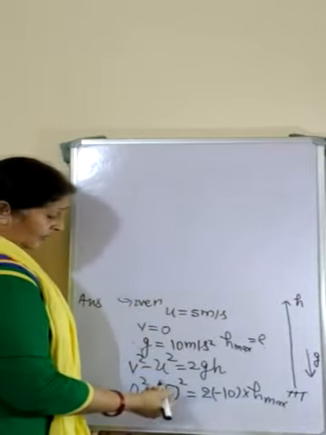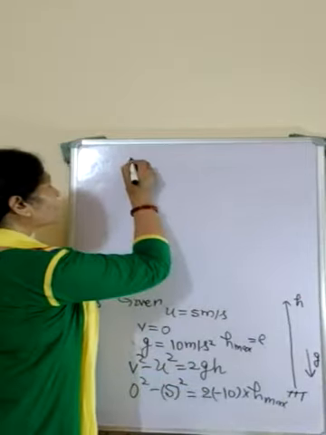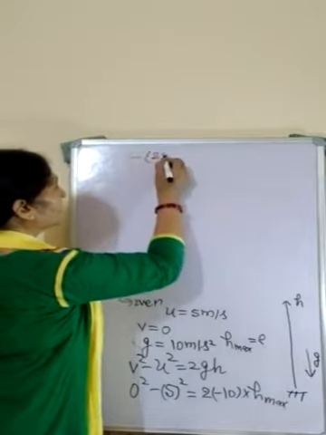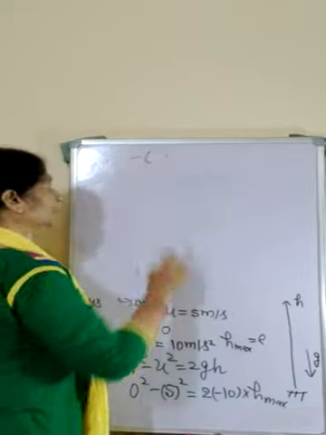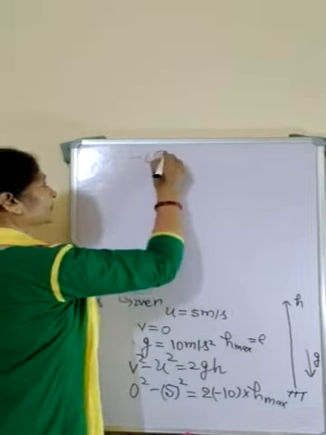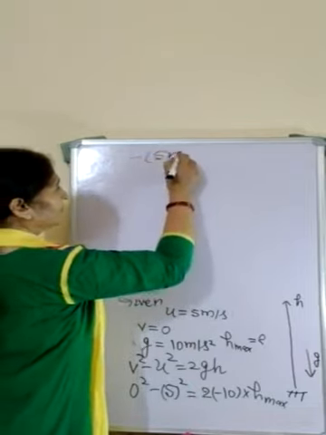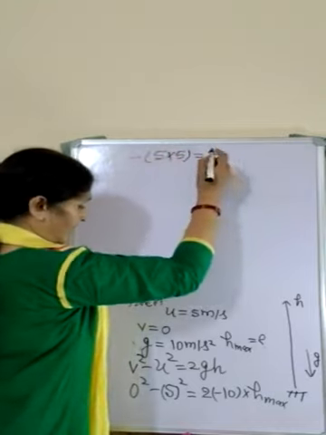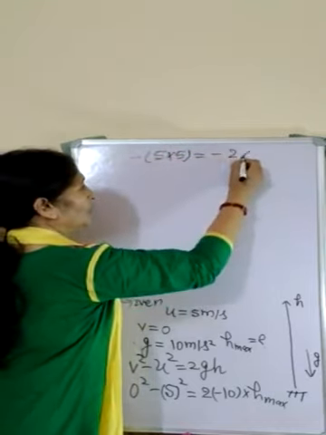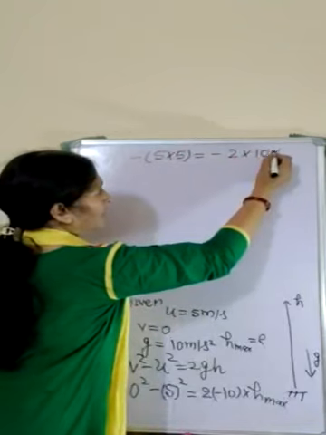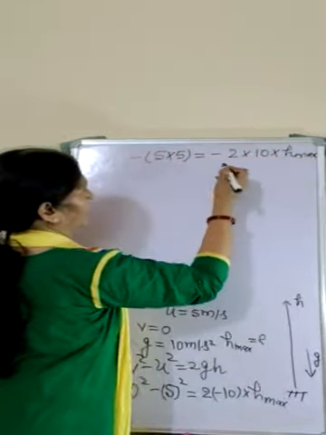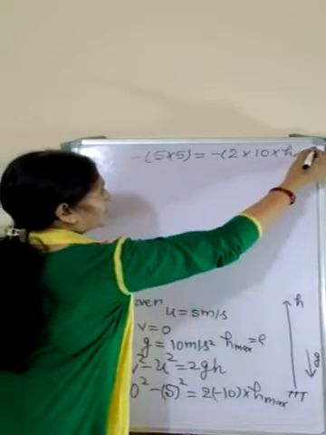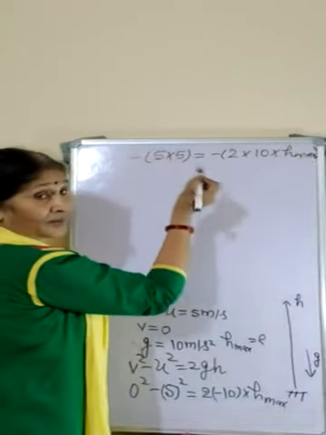We can write this as minus 5 into 5 is equal to minus 2 into 10 into height maximum. These two negative signs will be cancelled out.